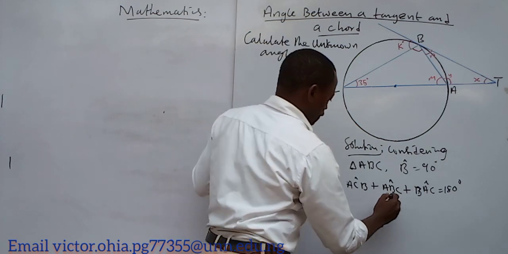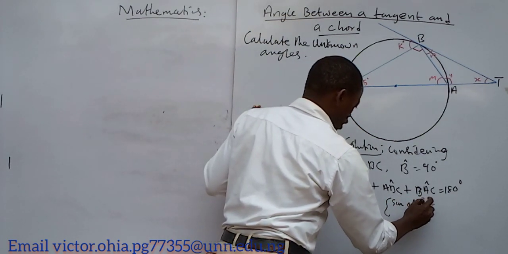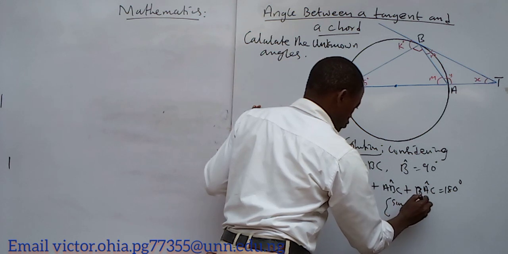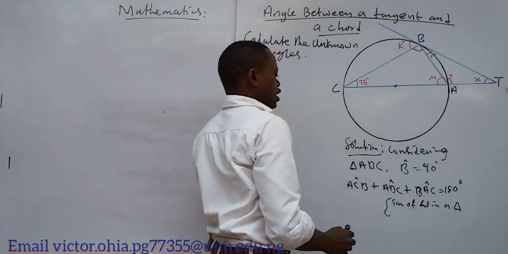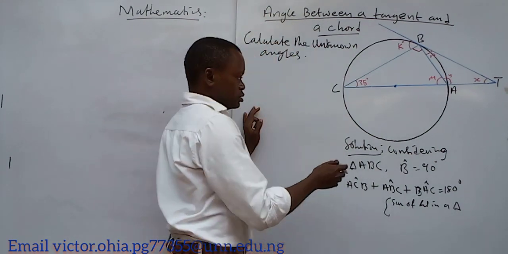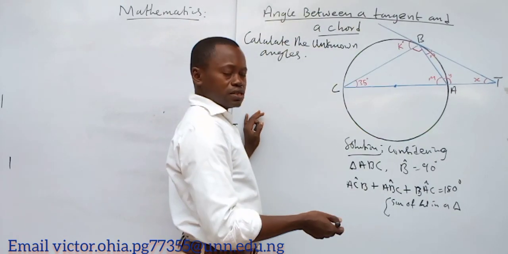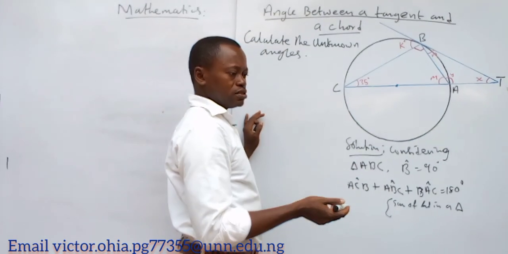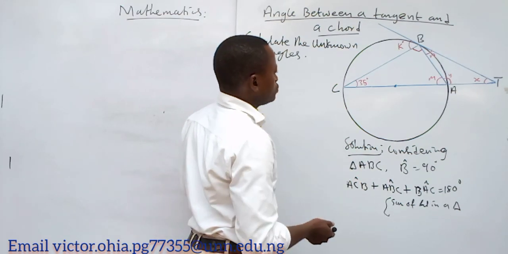Why? Sum of angles in a triangle, they add up to 180 degrees. So that's the theorem we are using. You see, we keep on mentioning theorems here. That's the essence of checking back to the classes behind so that you can understand them before usage.